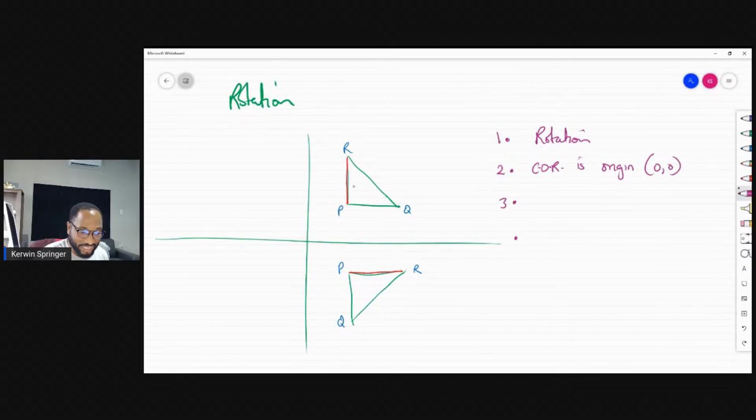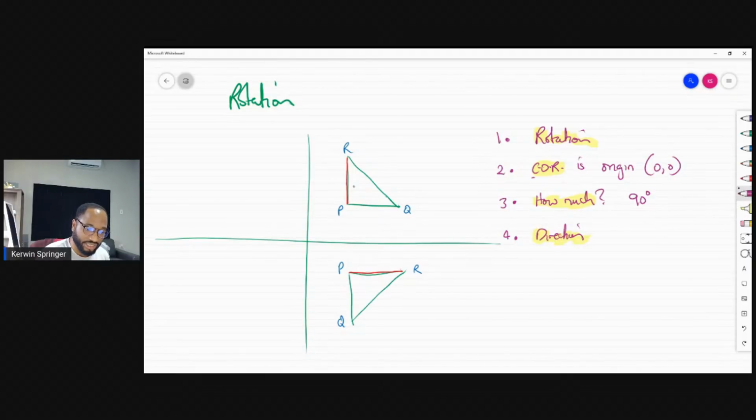The third thing, you need to state how much, that is, how many degrees. So 90 degrees. And the last thing is the direction.